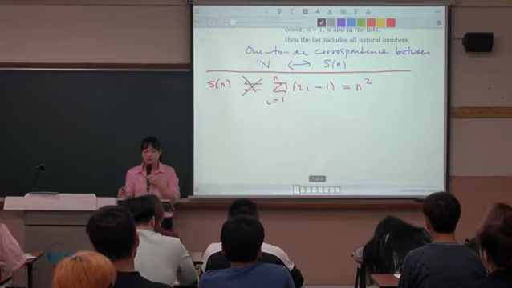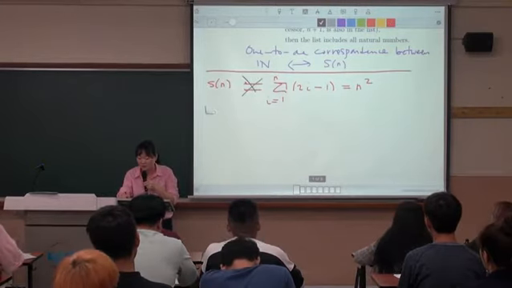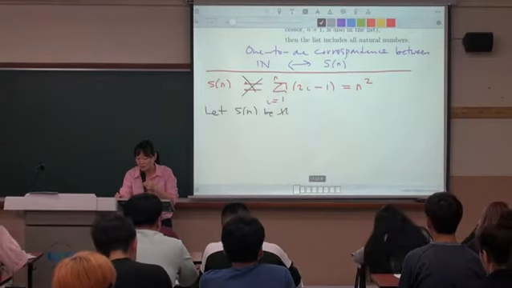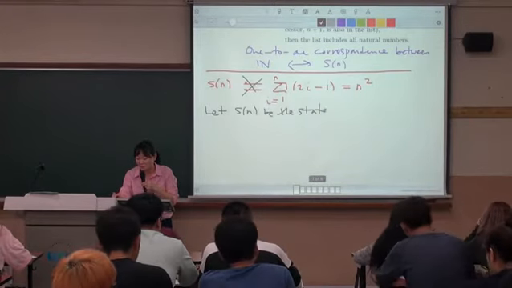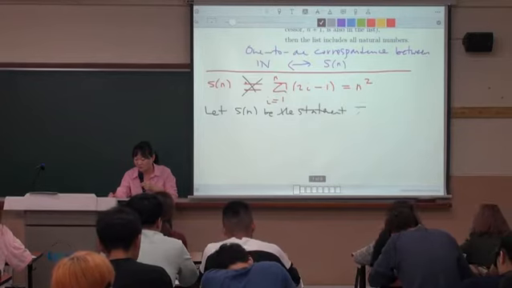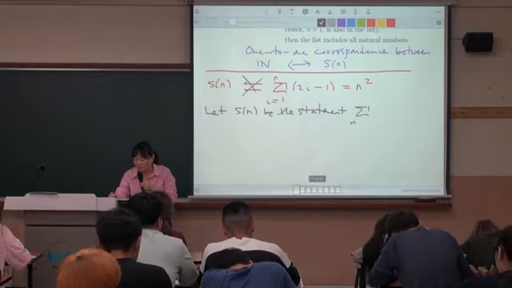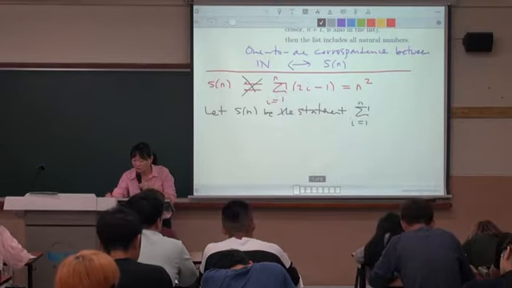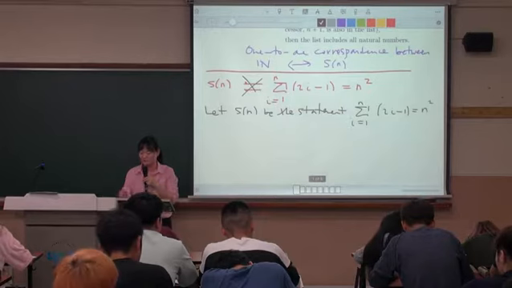So don't use that. You can say let Sn be the statement summation i equal to 1 to n, 2i minus 1 equal to n squared.